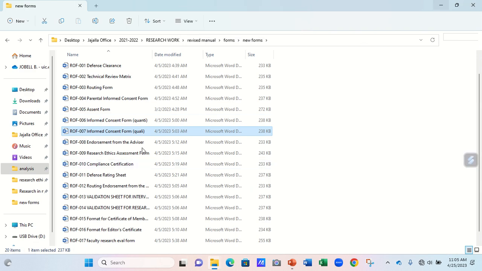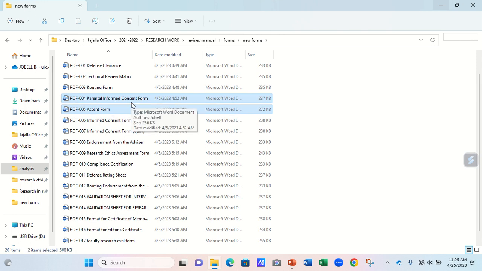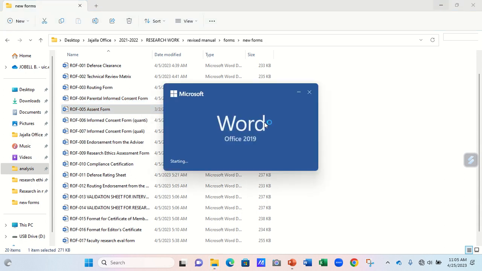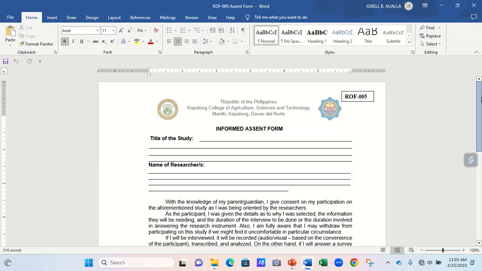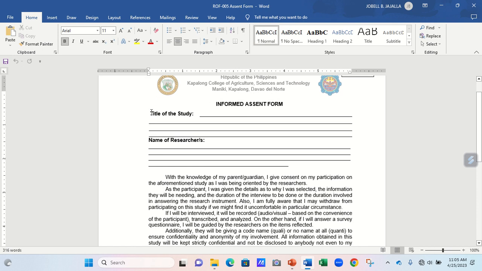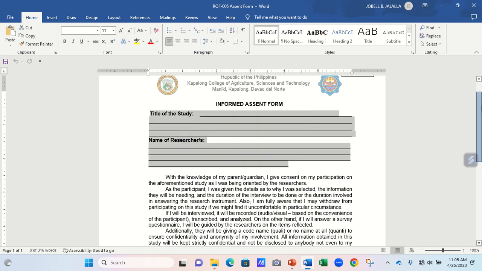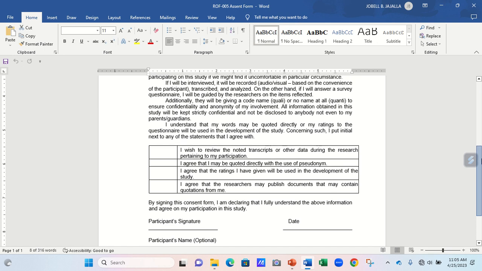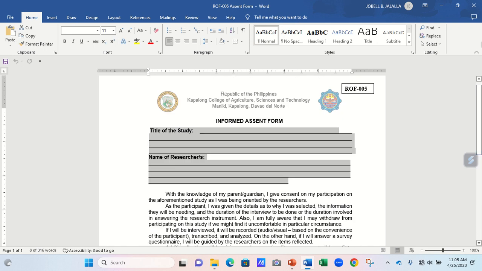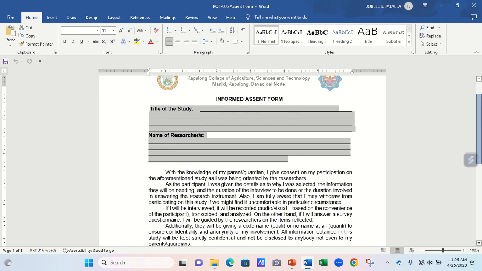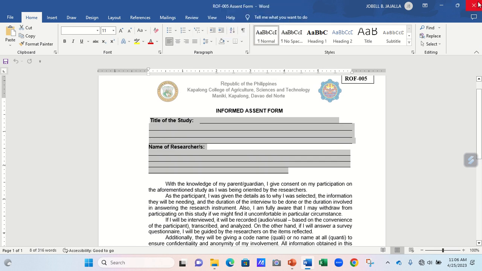Then another one: if your participants are minors, class, you have to fill out the parental informed consent form and the assent form for participants 17 years old and below, those under minorities. Assent forms will be filled out by your participants. Again, the title of the study and the name of the researchers, and the fields below will be filled out by the minor participants themselves.